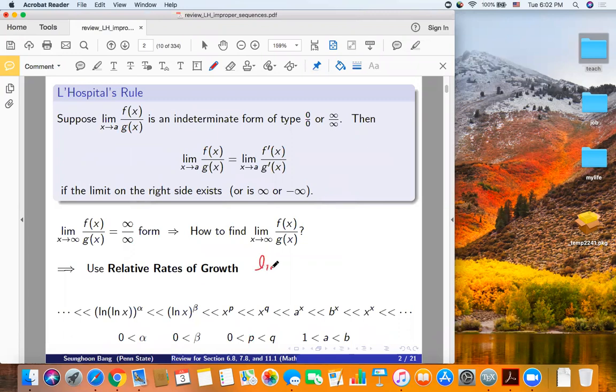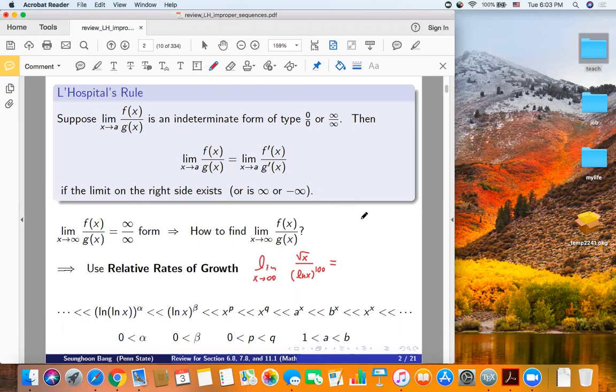The limit as x approaches infinity of the square root of x over ln of x to the power 100. What is the answer? Could you write your answer on the chat board? So what is the answer of this question?